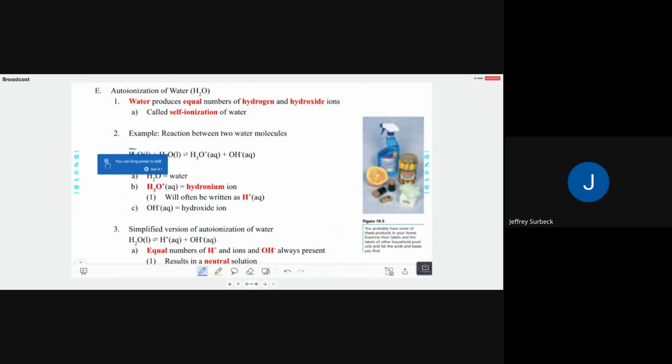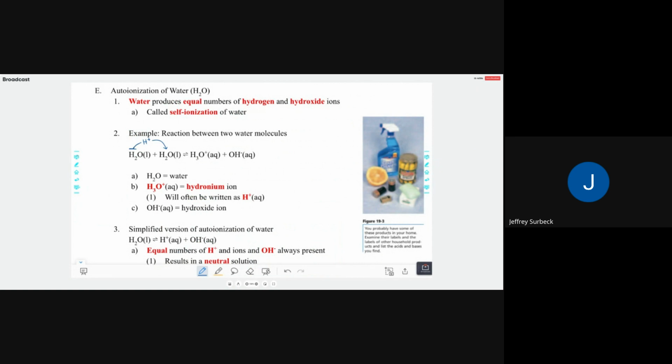An H plus is going to get donated from the acid to the base, and you're going to have H3O plus produced. At the same time, that H plus had to be taken away from somewhere, so it forms OH minus.